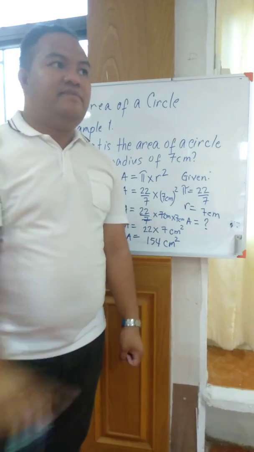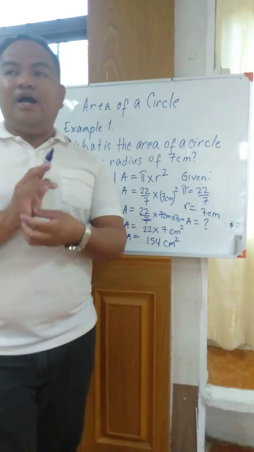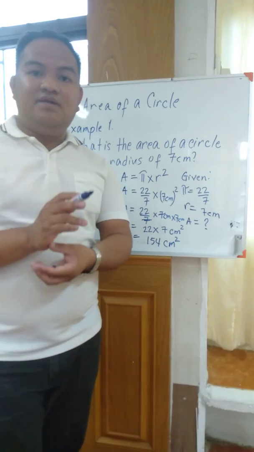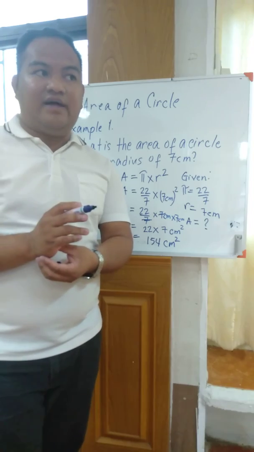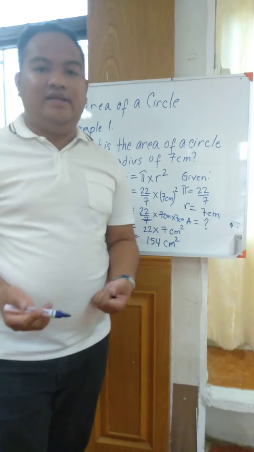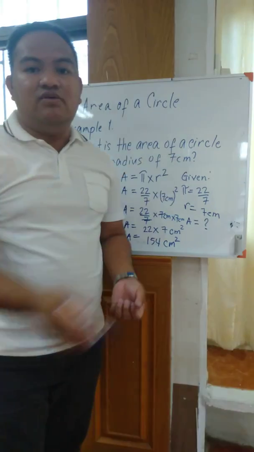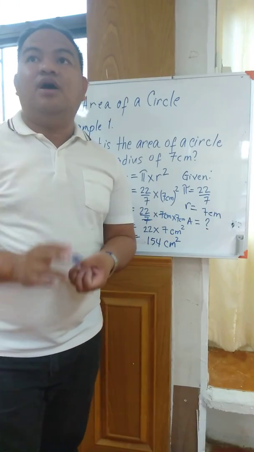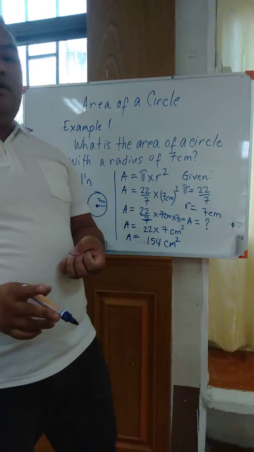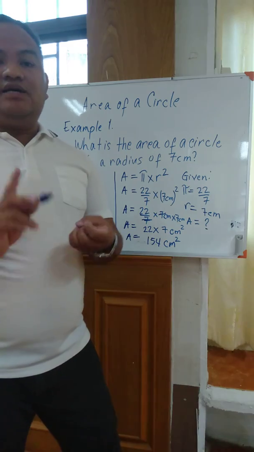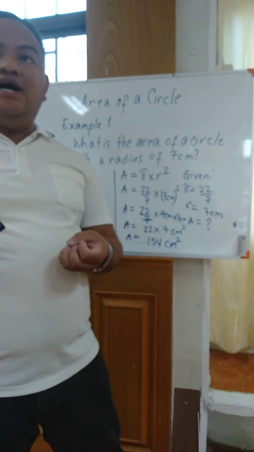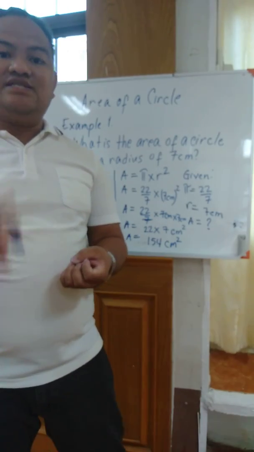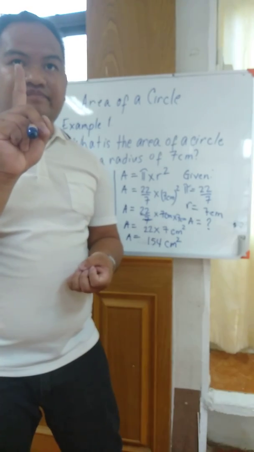Okay, remember this. When you are asked to find the perimeter of a circle, not only a circle, but any solid figures, always remember that the unit of that perimeter is to the power of 1.